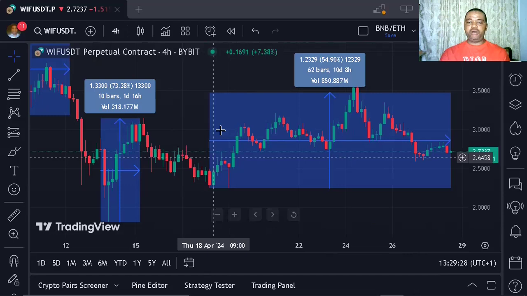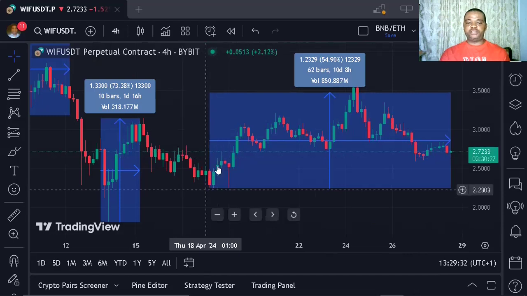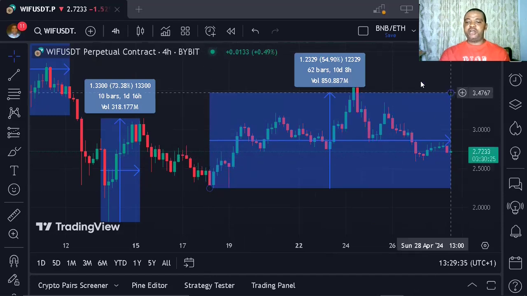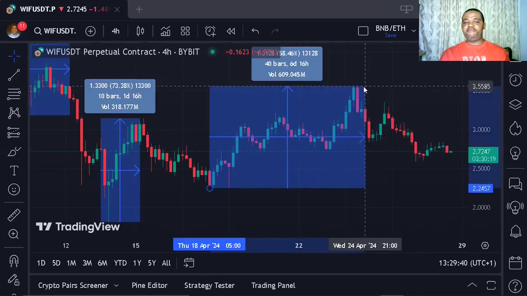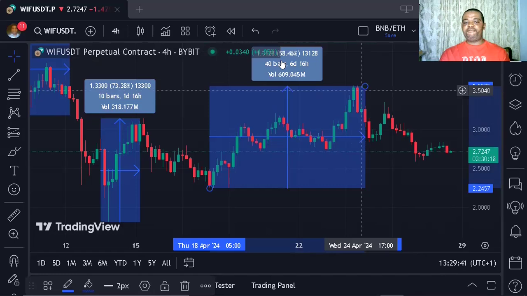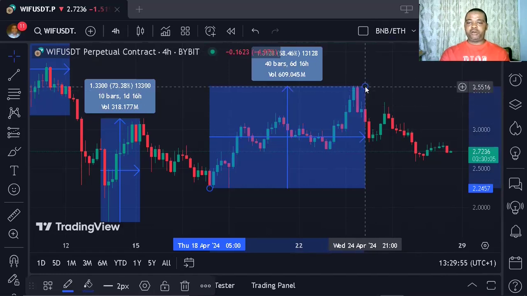And from the lowest price of this green candlestick bullish trend starter, the price action of this cryptocurrency squeezed up by approximately 58.46%. And of course, as you can see, this is the most current bullish trend section of the WIF USD cryptocurrency futures contracts. And the price action of this cryptocurrency is still in action.